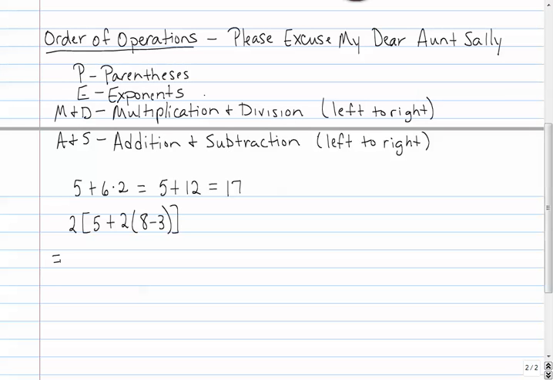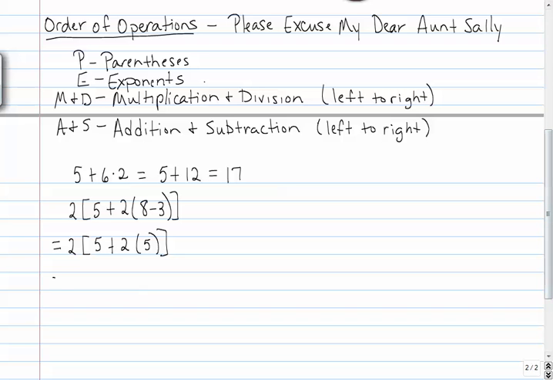We have parentheses, and we have brackets. Now, if you have two sets like that, you need to do the innermost set first. So we need to do the parentheses first. And I'll just bring everything else down. So that's 2, bracket, 5 plus 2. And 8 minus 3 is 5, right? Like that. So do that first.